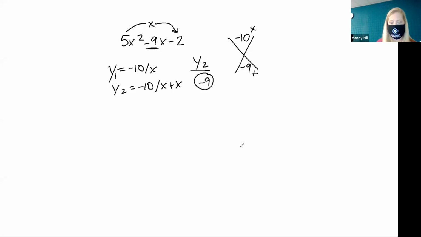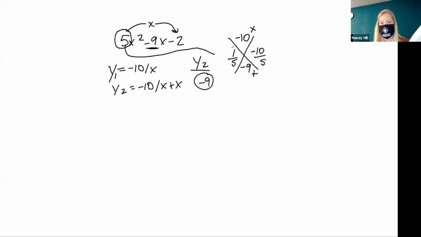So I'm going to go back and plug in the things that I found, which was 1 and -10. Then remember that I've got to divide this by my leading coefficient, so I put a 5 here and a 5 here. 1/5 is already reduced, I can't reduce that fraction. This -10/5 reduces to -2.